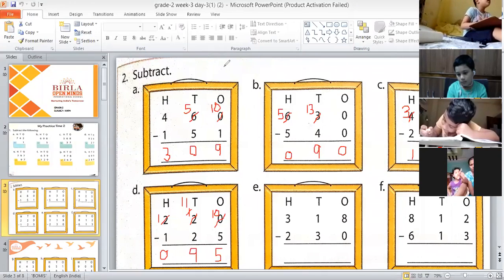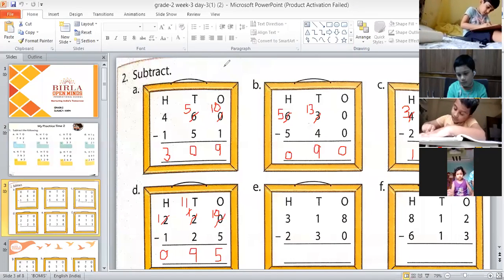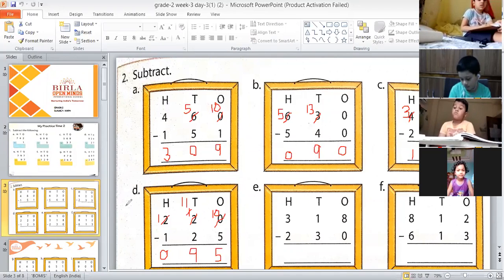Yes, Krishika? Ma'am, I cannot see your screen, but I can see your laptop. If you can see my laptop, why can you not see my screen? Wait, let me ask. Tanishka, can you see what I'm sharing on my screen? Yes, ma'am. Patan, can you see what I'm sharing on my screen?